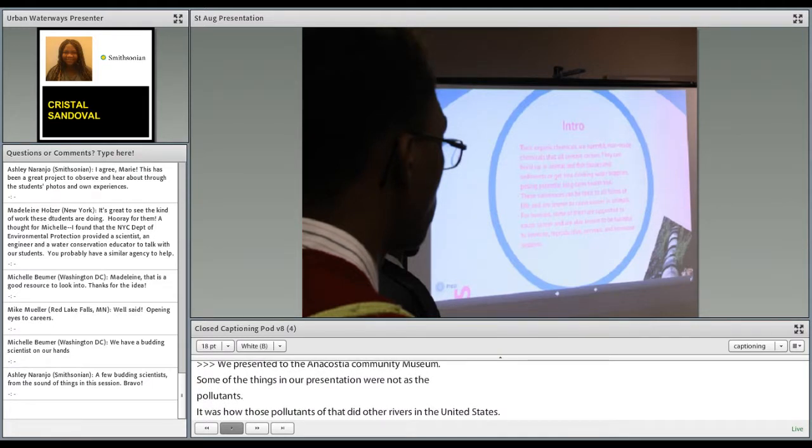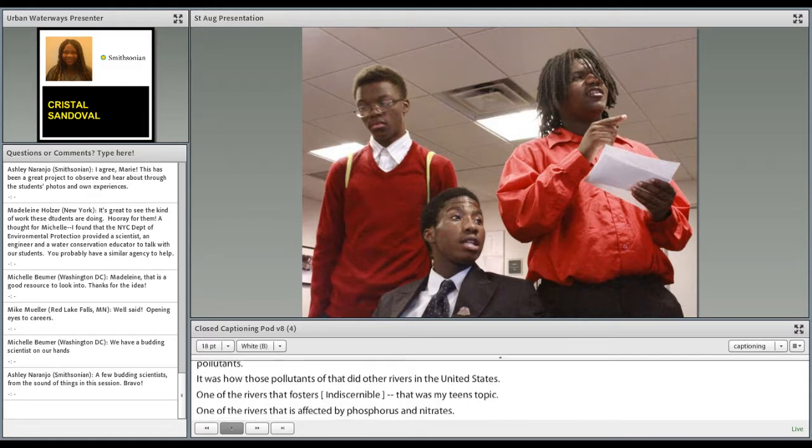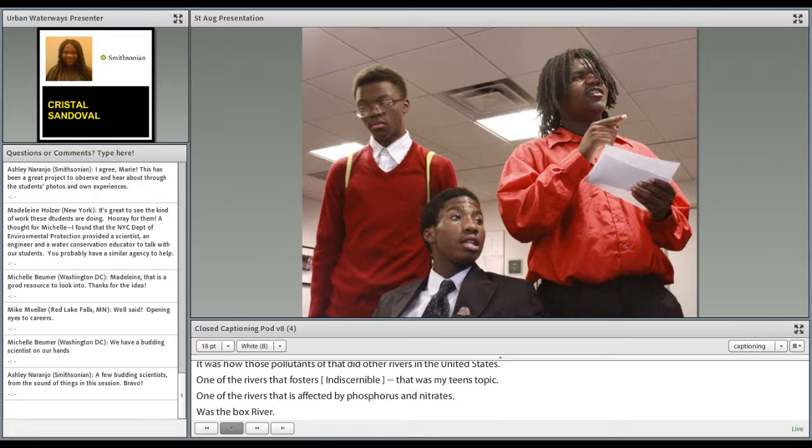One of the rivers affected by phosphorus and nitrates was the Bronx River, and other teams used the Mississippi River and rivers that flowed into the Gulf of Mexico. And dead zones was probably the major focus within a lot of people's projects and presentations.